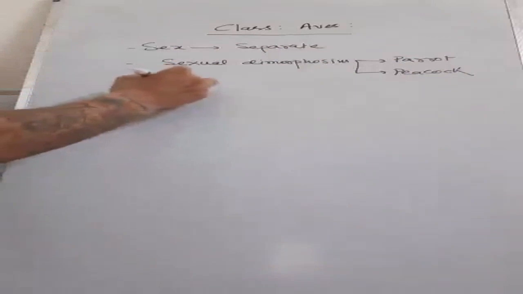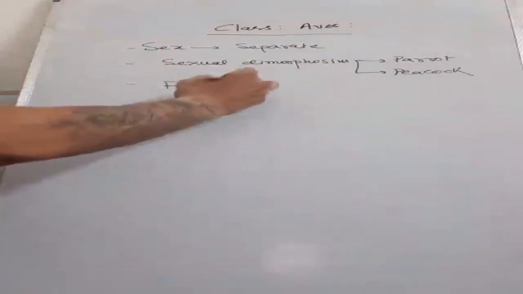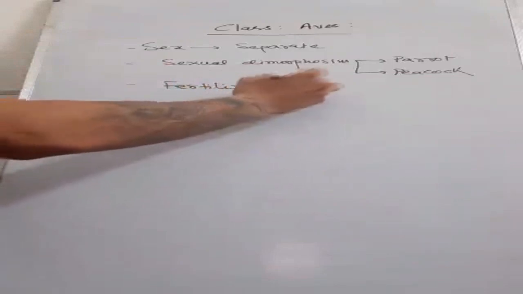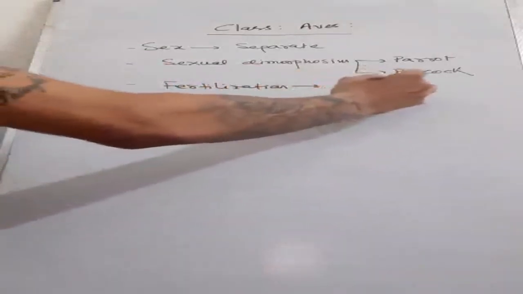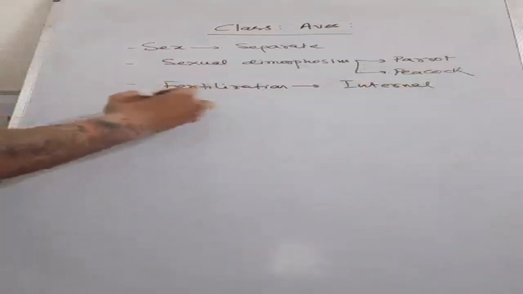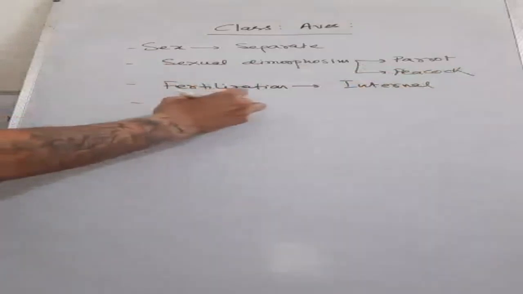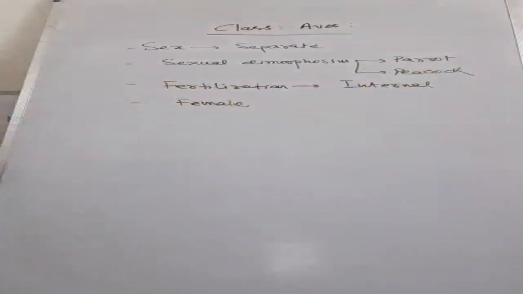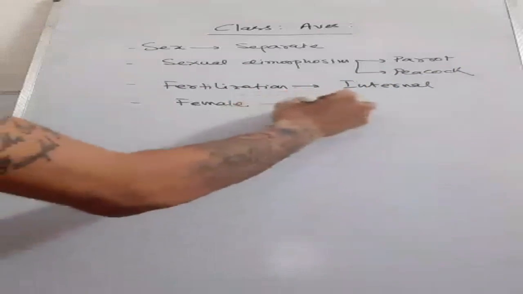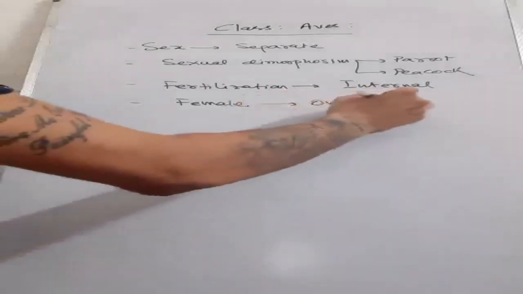Is the fertilization internal or external? Fertilization is internal. Anyways, the females are egg laying, so it is going to be an oviparous female, and there is only one ovary.